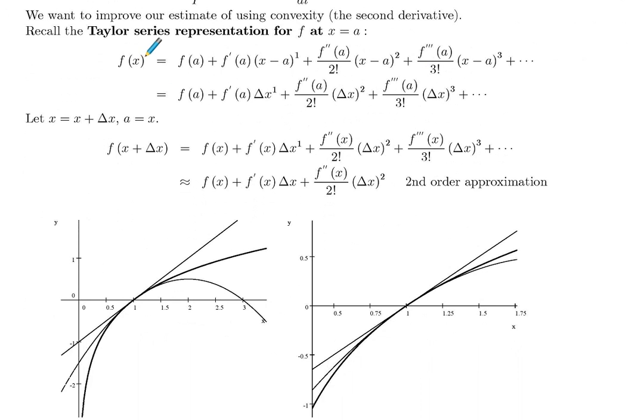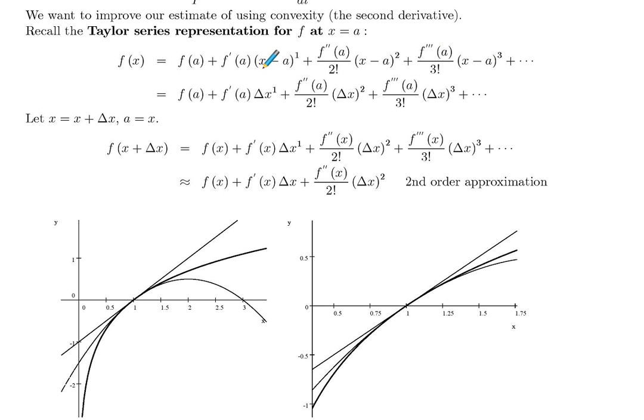If you have a function that has enough derivatives, in this case infinitely differentiable at a, then you can represent f of x by its Taylor series in most cases: f at a, plus f prime at a times x minus a, plus f double prime at a over 2 factorial times x minus a squared, etc. So the order of the derivative is the factorial on the bottom, and it's also the exponent on x minus a.